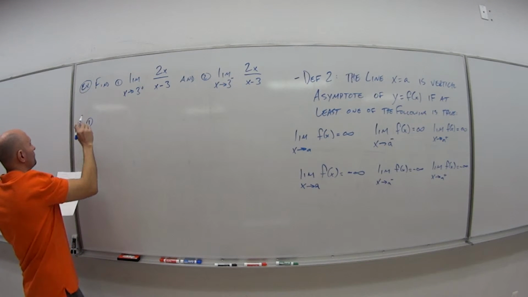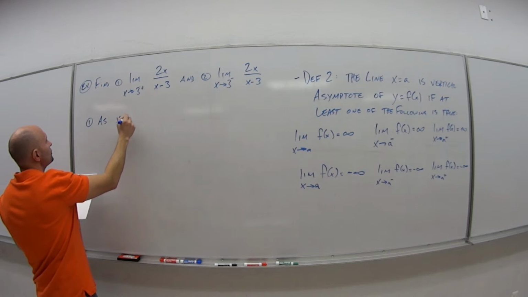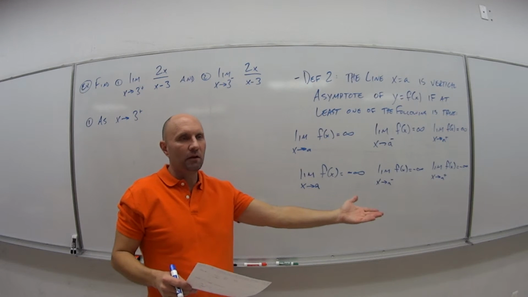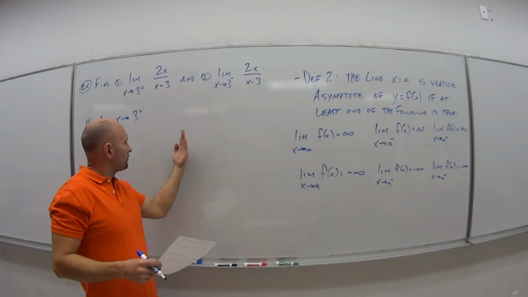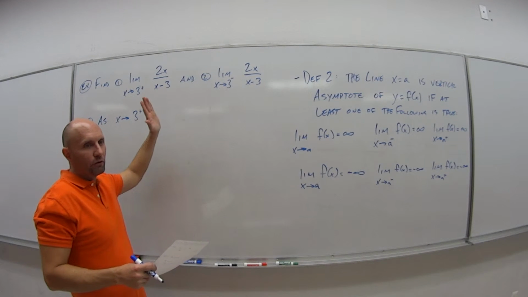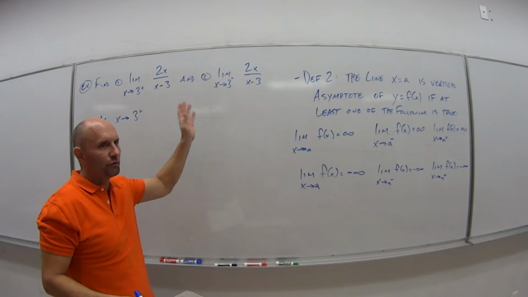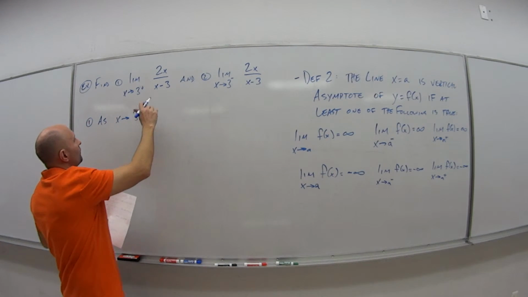So first, for number 1. As x approaches 3 from the right, so that means what? 10, 5, 4, 3.5, 3 1/4, 3.1, 3.001, 3.0000001. So that means what?